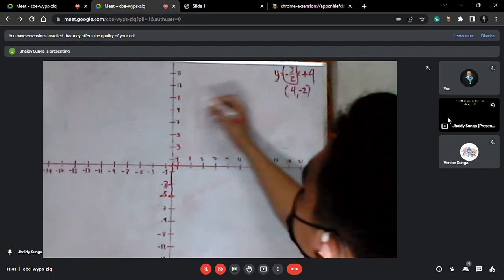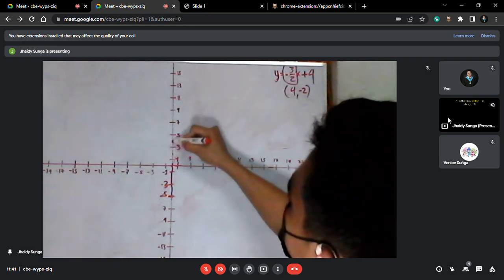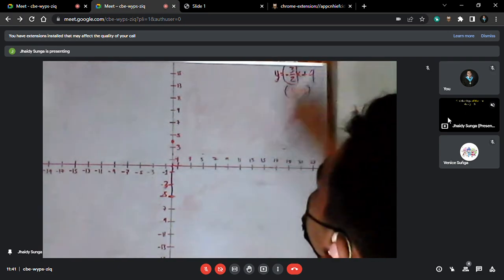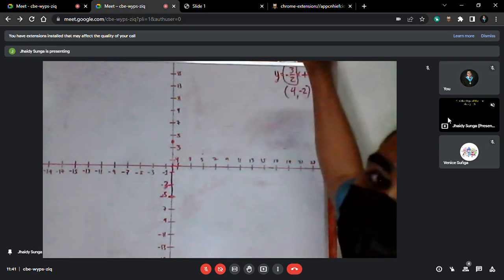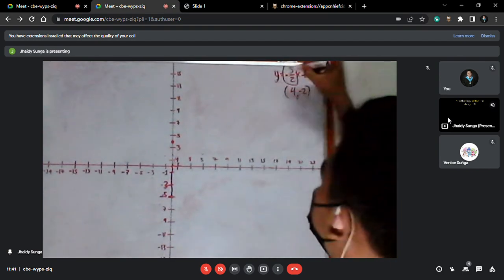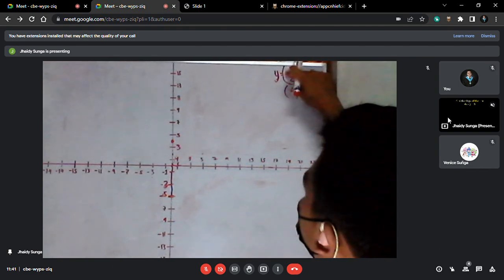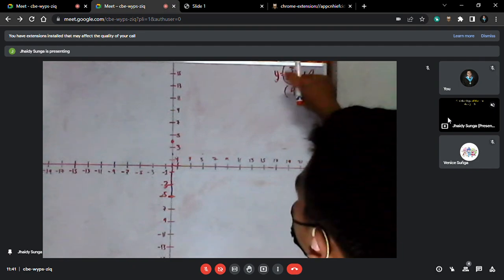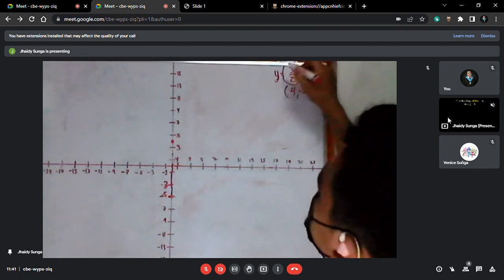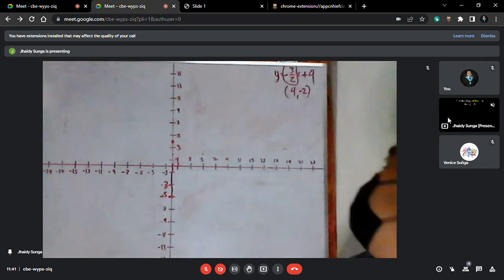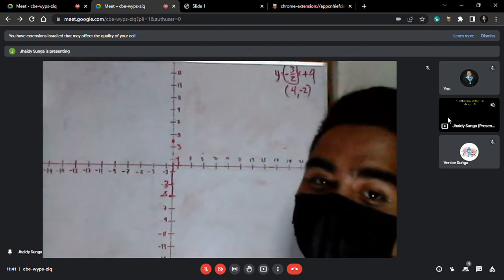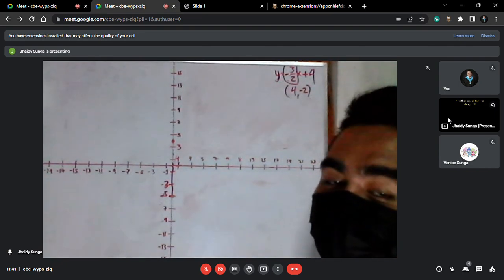Our y-intercept is 4. Then negative 3, either we go up or go down first, because the negative could be in our numerator or in our denominator. If we have a negative in the denominator or numerator, you can simply say the whole fraction is negative.